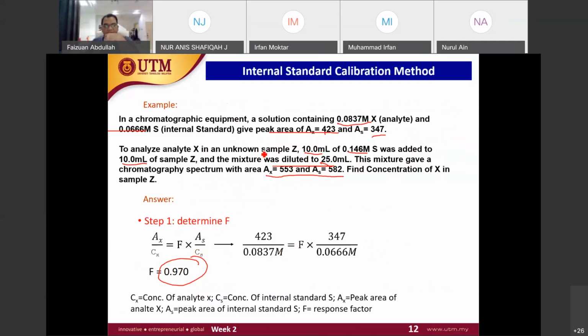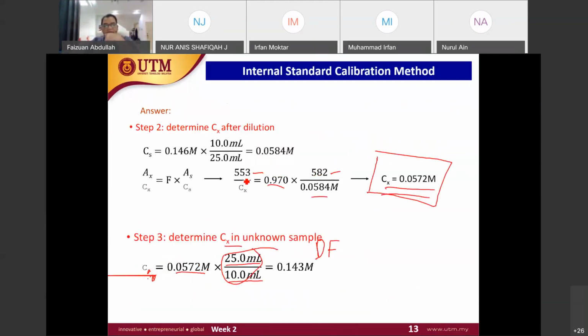Okay, for example, if the first information gives you all the value of concentration and also the peak area, you have to find the F, and then the missing part according to the questions. For example, for this CX, we know the CX in the diluted version, so we need to times the dilution factor so that we have the original concentration of X in the sample.